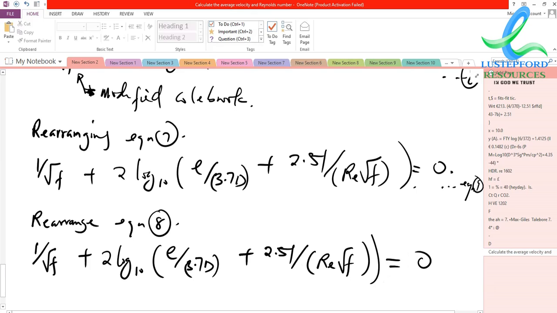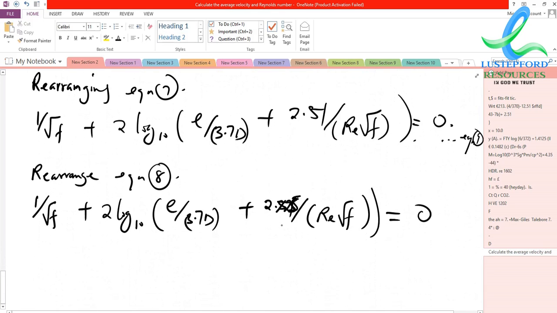No, this should be 2.825. This is equation 10.